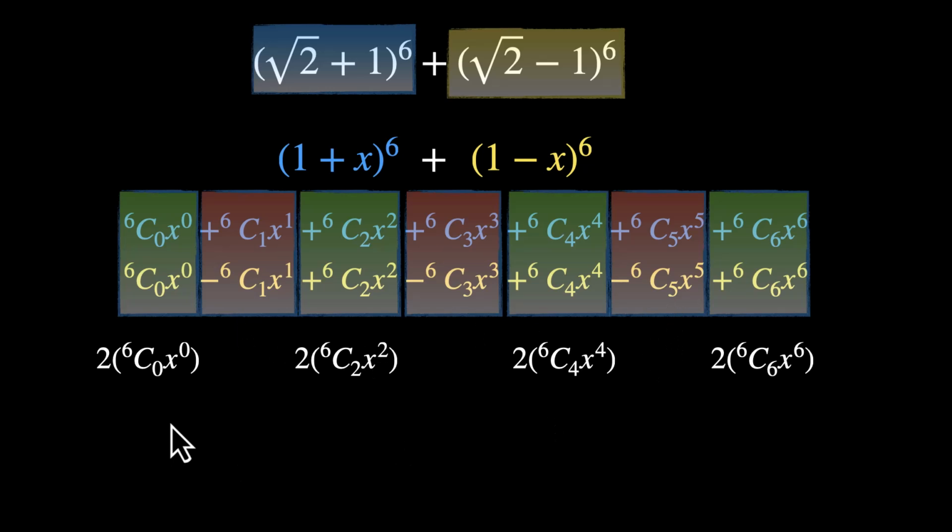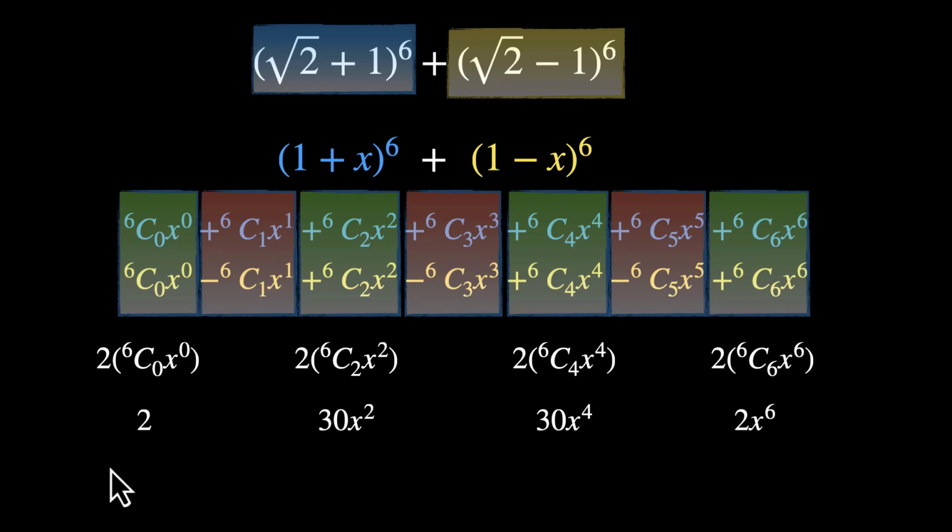Now let's simplify. 6C0 is 1, x^0 is 1, 2 times 1 is 2. 6C2 is 15, 2 times 15 is 30, so we have 30x². 6C4 is the same as 6C2, which is 15, times 2 is 30, so 30x^4. 6C6 is 1, 2 times 1 is 2, this is 2x^6.